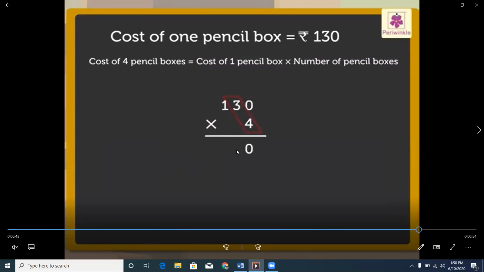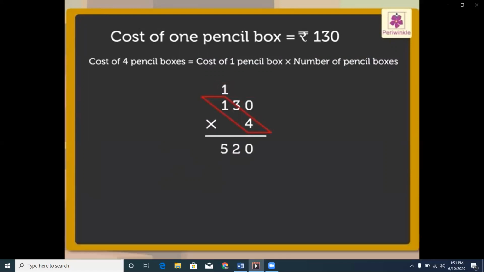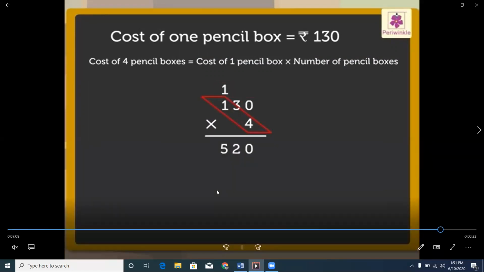So we write 2 on the tens place and 1 will be carried to the hundreds place of the multiplicand. 4 ones are 4. We add 1 and we get 5. So we have to pay 520 rupees for 4 pencil boxes.